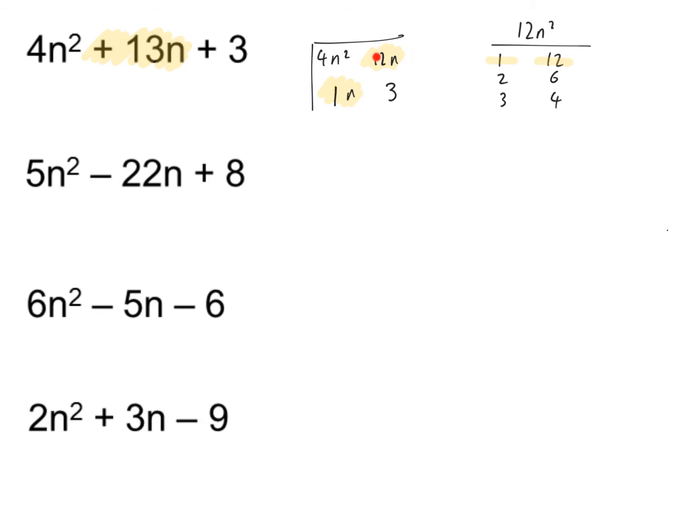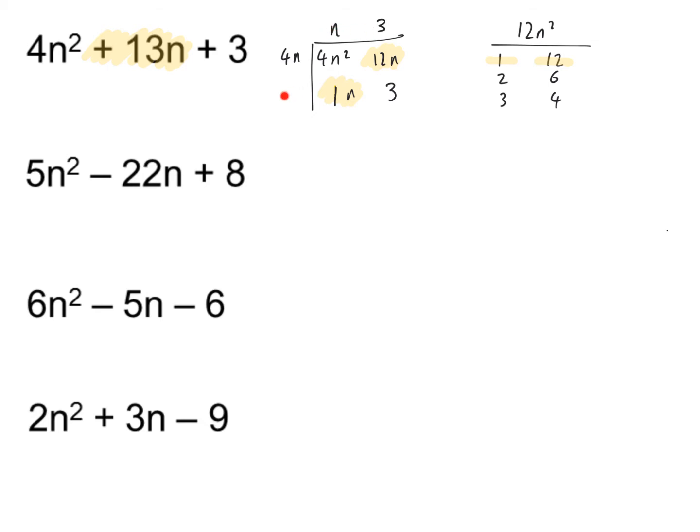I'm going to work along the way here. 4 and 12, both of those have got a common factor of 4. N squared and n, they've got an n in common. I know 4n here, so I can fill in the top of my grid. 4n times a single n will give me 4n squared. 4n, to get 12n, we need 3 lots of 4n there.